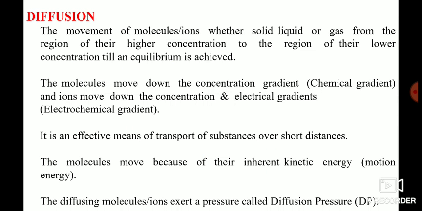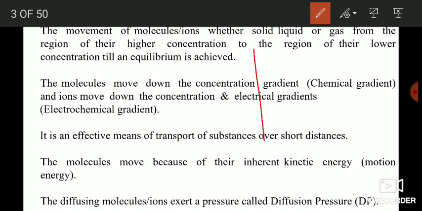Now, what is diffusion? Diffusion simply means the movement of molecules or ions, whether solid, liquid or gas, from the region of higher concentration to the region of their lower concentration till an equilibrium is achieved. For example, you have two sides.